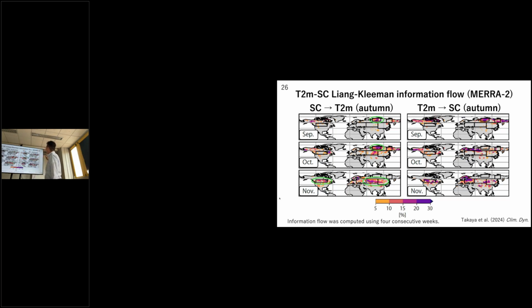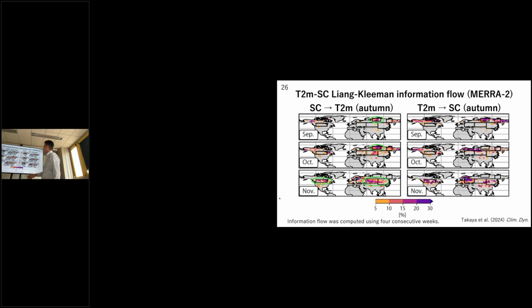On the right, we see the causality from 2-meter temperature to snow cover. At first look, we can see that the regions are similar. So that means we have two-way interactions. I mean, sometimes the snow cover creates the 2-meter temperature variability, so there is a two-way interaction.